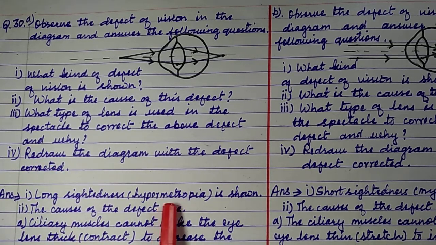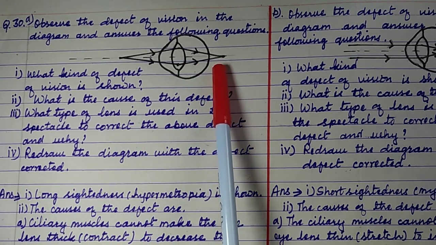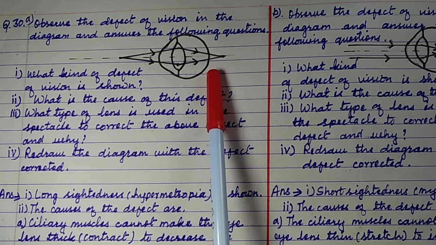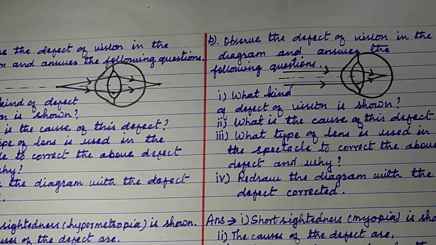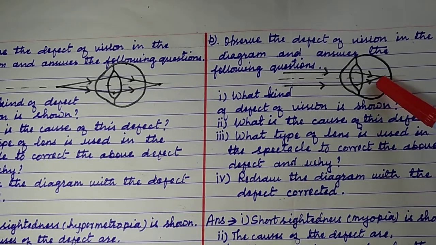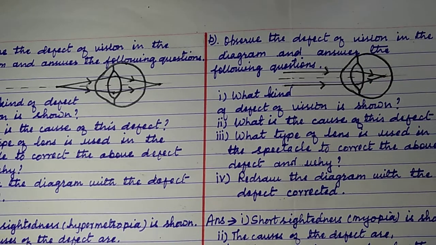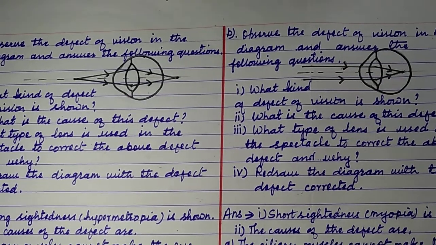Long-sightedness or hypermetropia is shown in the diagram. This is longer, so you need to remember long-sightedness. And this side it is shorter, not reaching the retina, so this is short-sightedness. Short-sightedness, myopia; long-sightedness, hypermetropia.